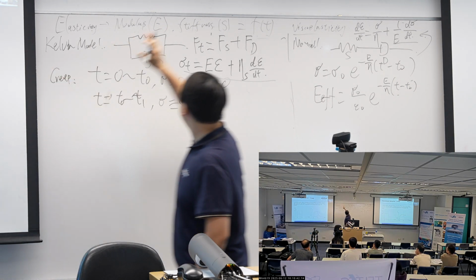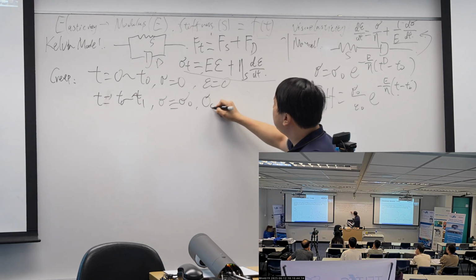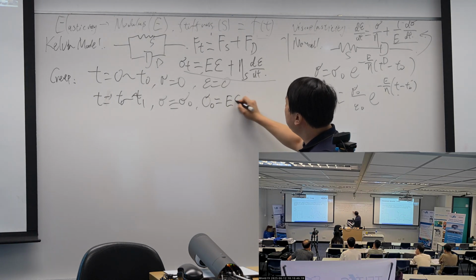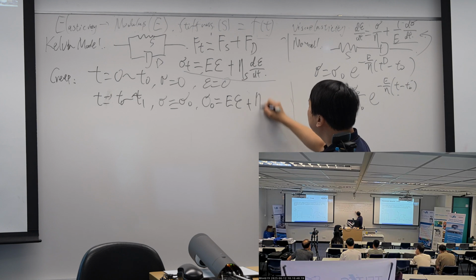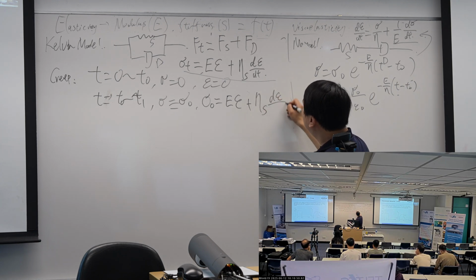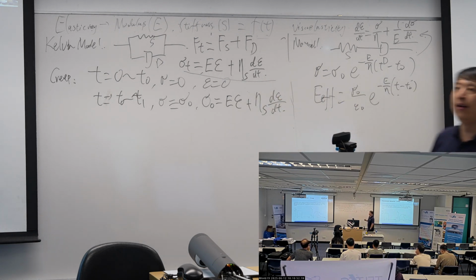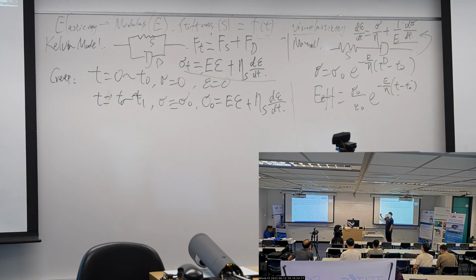So on my left hand side is sigma 0, and it is E epsilon plus eta s d epsilon over dt. Right? Then for this kind of equation, we need to figure out the solution of epsilon.